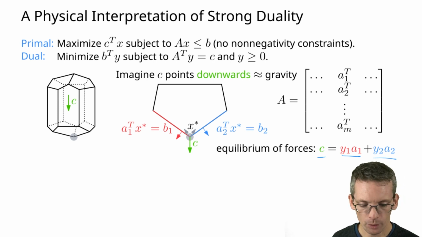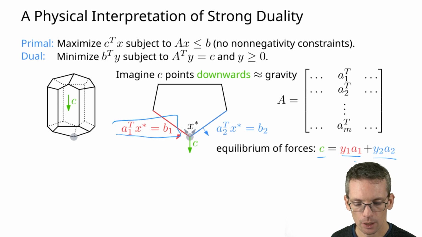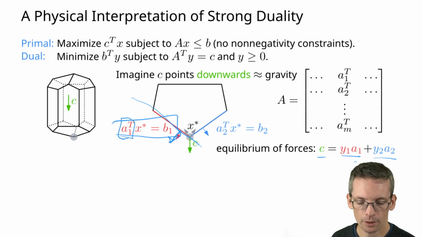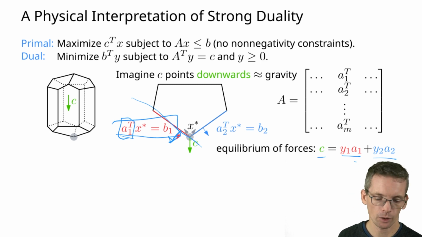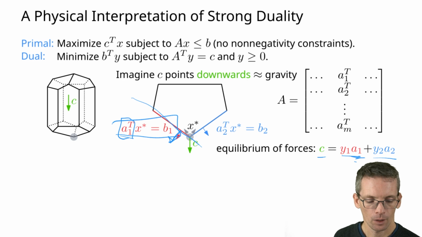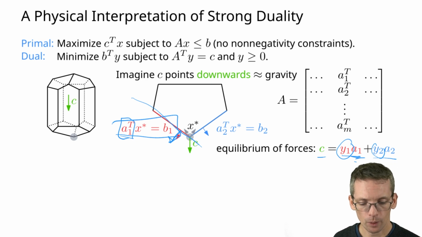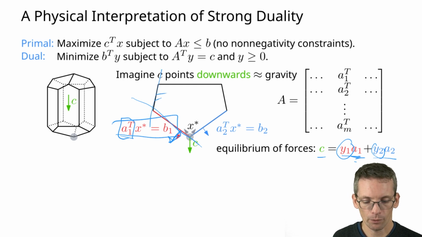And let me once more say, so why a1 and a2? Because if this is a line equation for that line, and I have the orthogonal vector here, then the orthogonal vector is exactly this one here, or that transpose. So that is A1, and the equilibrium of forces tells me there are coefficients here such that this adds up to C. Now, of course, we have other constraints, so this constraint here, but there are no forces.